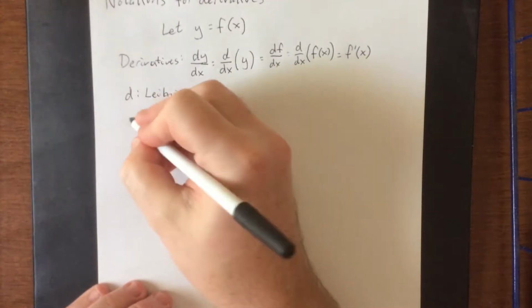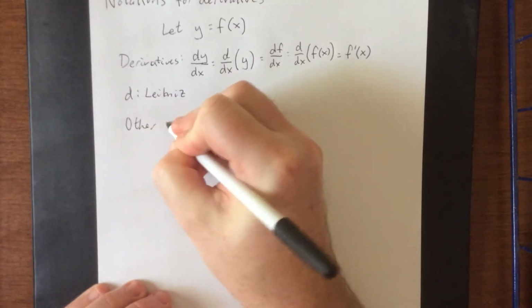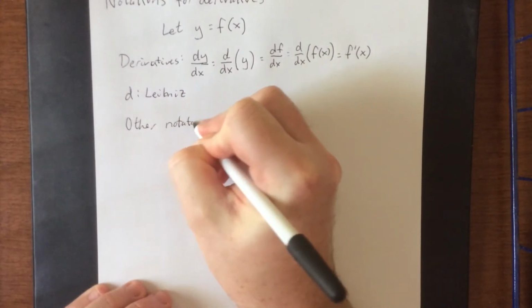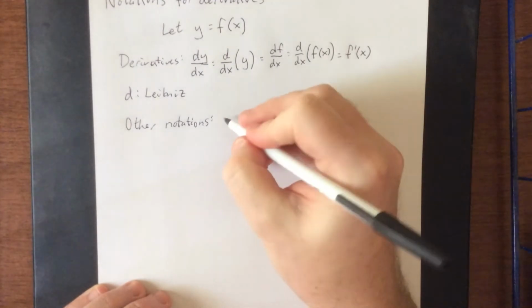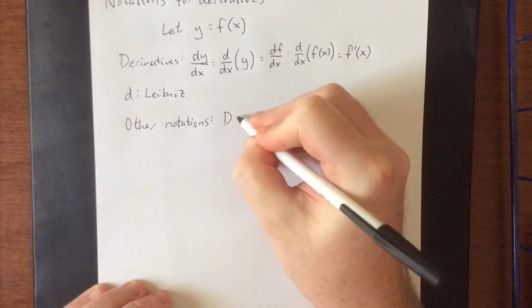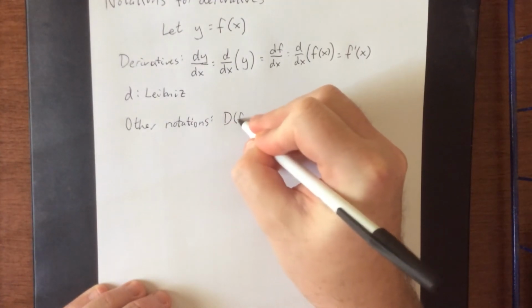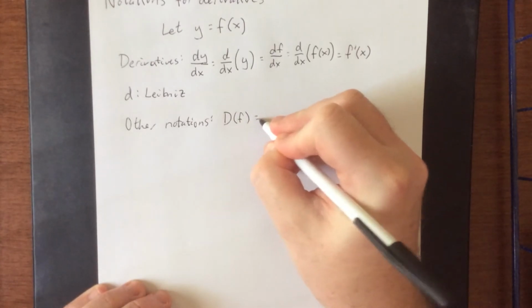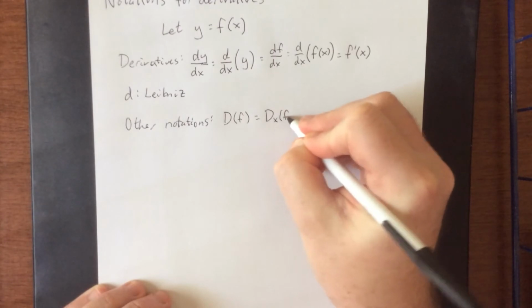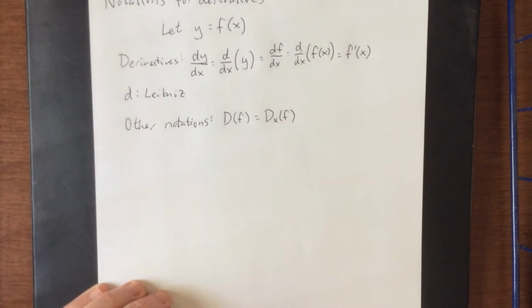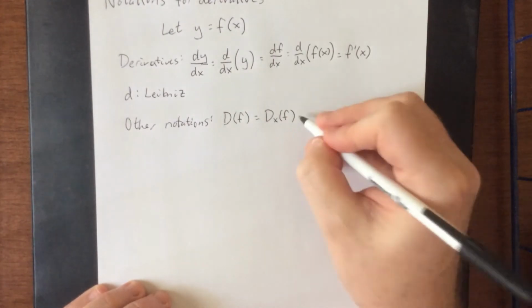There are some other notations that get used, not necessarily in this class, but perhaps in other classes as well. A capital D can represent the derivative of a function, or a capital D with a subscript indicating the variable is also used for this.